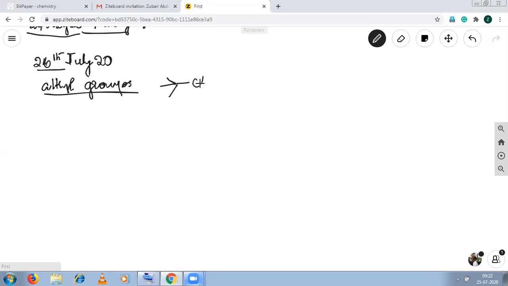This is SN1 reaction. You have the nucleophile. Now you will get the carbocation first plus Cl minus.